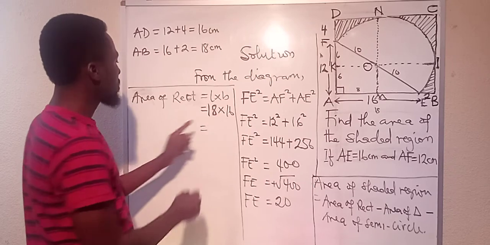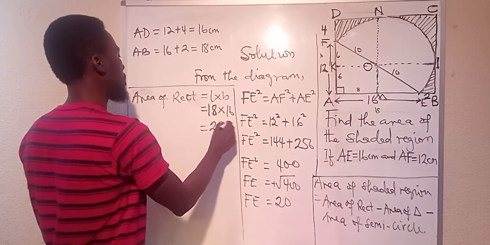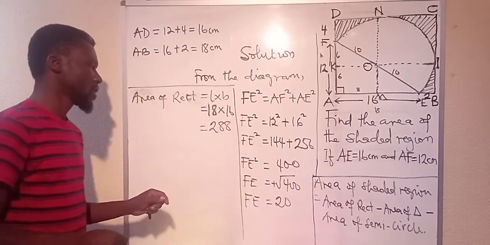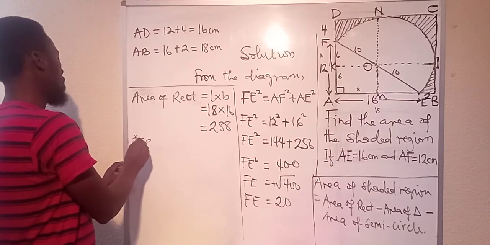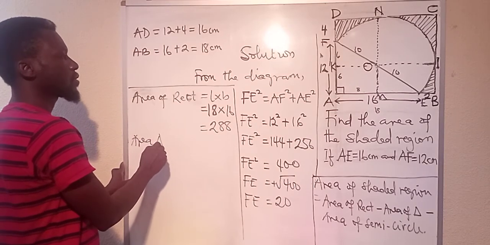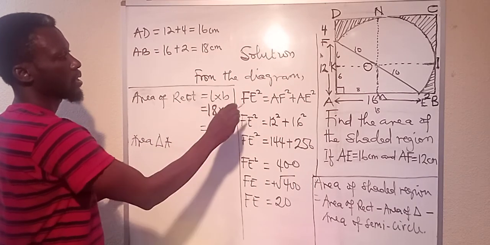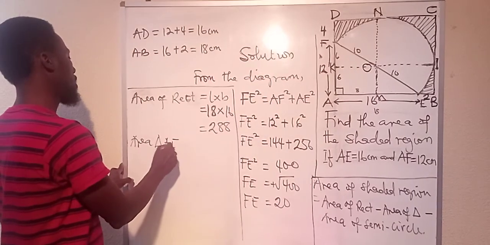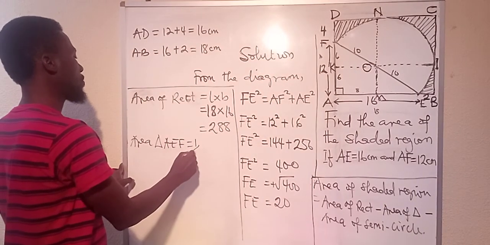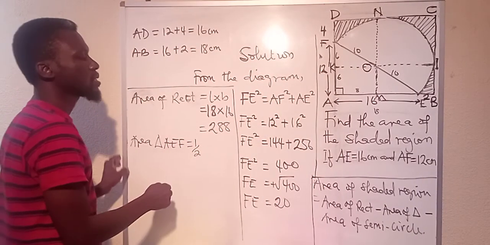And 18 by 16 will give us 288. So that is what it gives us. Let's find the area of the triangle. So let's find the area of triangle AEF, which is half of the base times height.